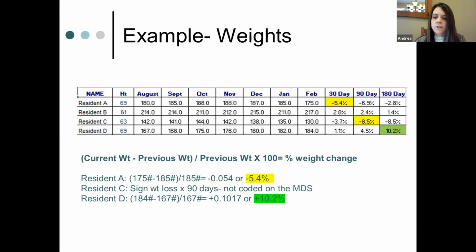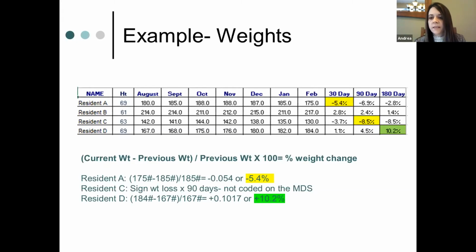Resident C does have a significant weight loss, but it is at the 3-month period, the 90 days, and that was from comparing the February weight to the November weight. As you notice on the MDS 3.0, there is not a category for 3 months.